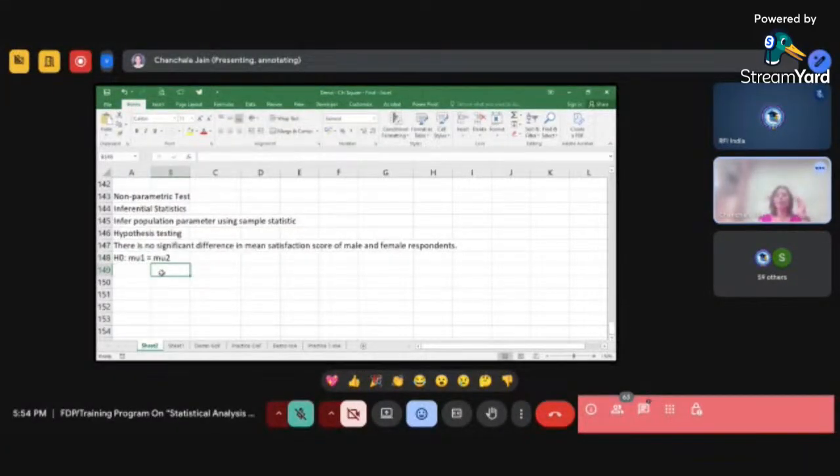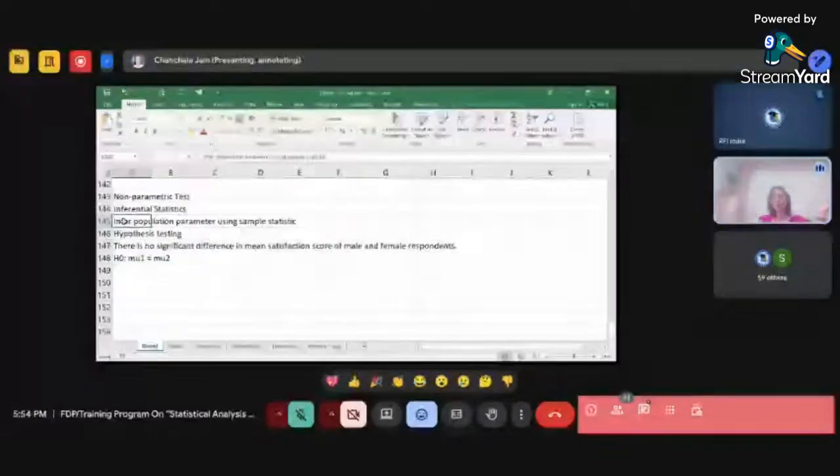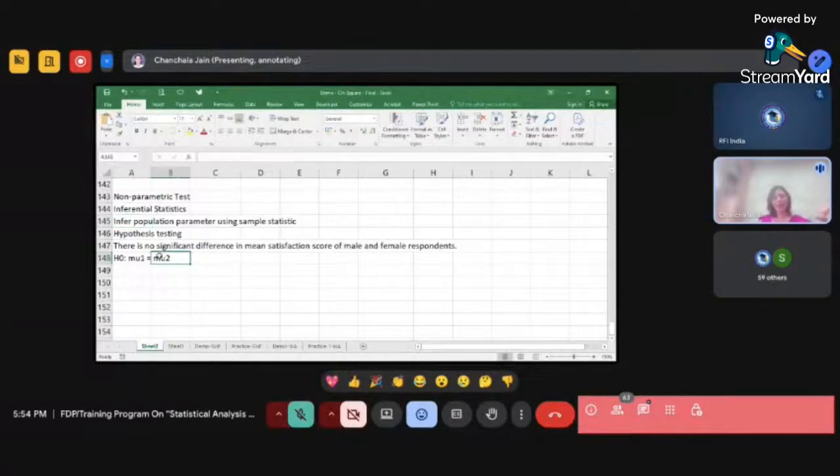So whether we know it or not, when you are making your hypothesis, we are comparing the means of the populations. Although we are using the sample, the purpose is that we want to conduct our study and generalize our results to the population. That is the main purpose. So with inferential statistics, I want to infer a population parameter using a sample statistic, meaning using the sample characteristics, I want to comment on or infer the population characteristics.